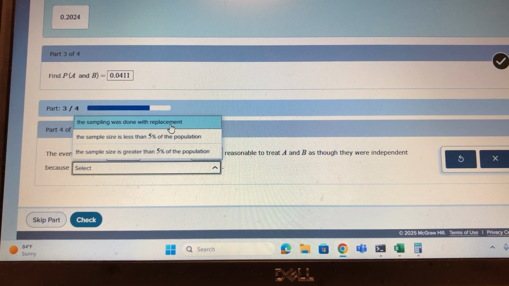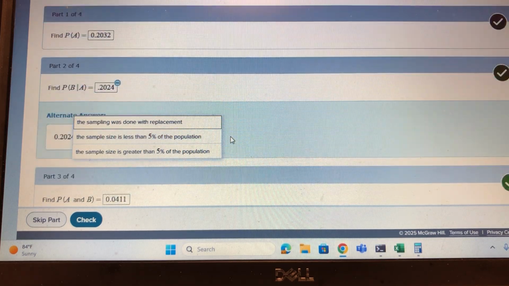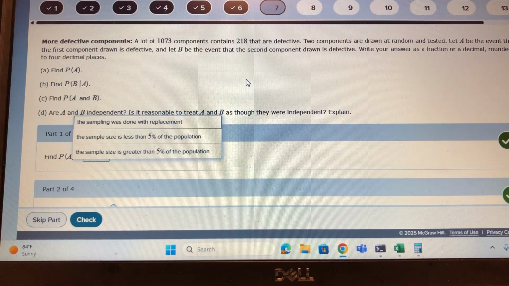And if it's done without replacement, well, actually, there is a rule about this. If you have a large enough population, remember I was saying that about the high school, if the population's large enough, then if your sample is less than 5% of the population, then it can be treated as independent, actually. So how big was the sample here? We're only taking 2 out of 1,000.